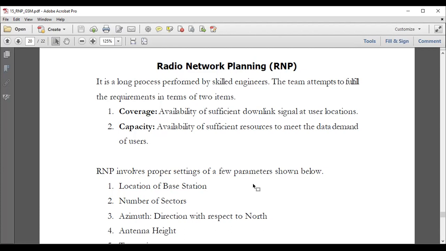After RNP, people set up the base stations, but before a complete rollout, before you make it available with the users, some tests are done, and then you check how the downlink signals are. So you start transmission, but commercial users cannot still access. Rather, the test engineers check how the signal levels are at different user locations.